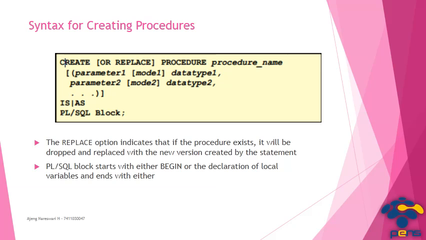The syntax is CREATE [OR REPLACE] PROCEDURE procedure_name [(parameter1 [mode1] datatype1, parameter2 [mode2] datatype2)] IS|AS PL/SQL block. The REPLACE option indicates that if the procedure exists, it will be dropped and replaced with the new version created by the statement. The PL/SQL block starts with either BEGIN or the declaration of local variables and ends with END.